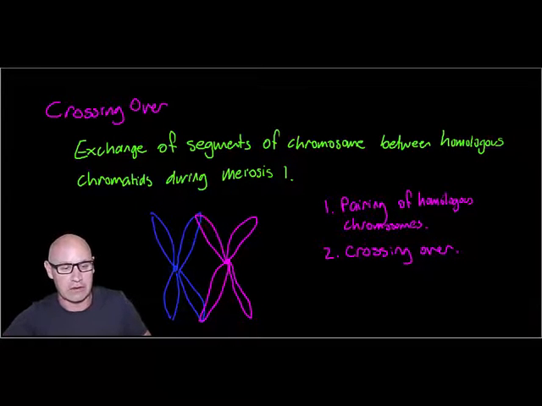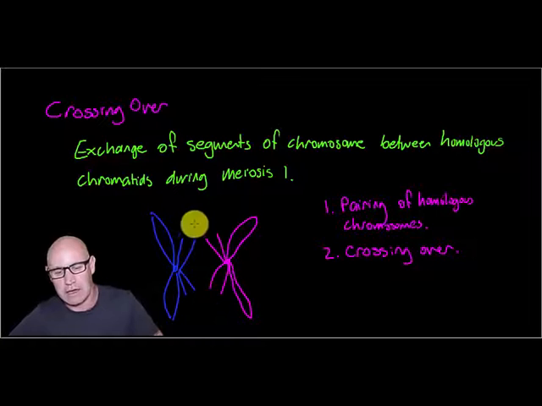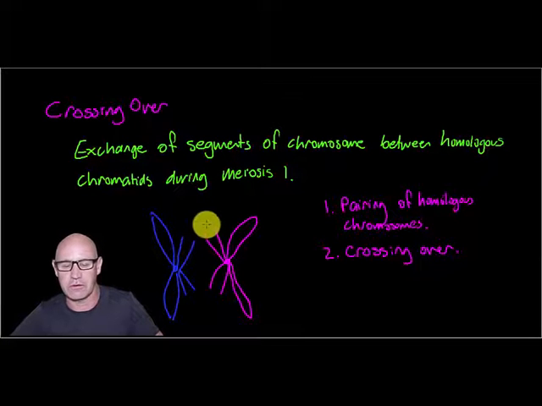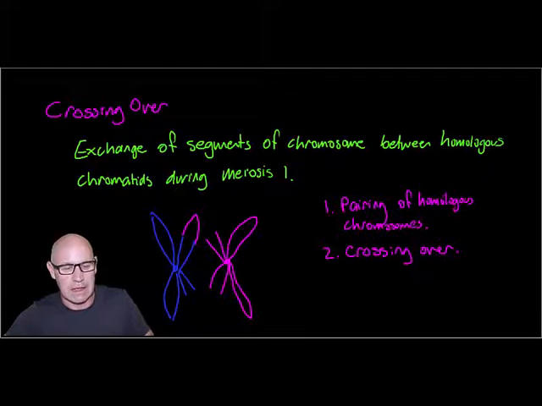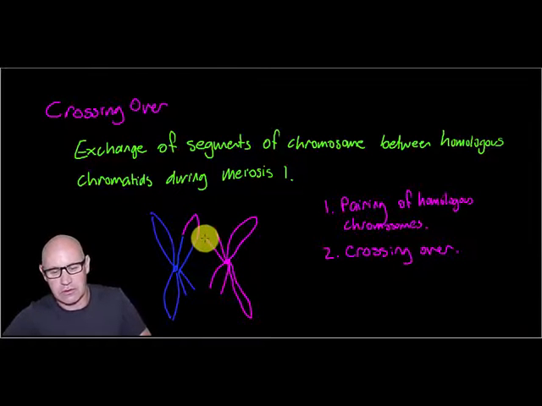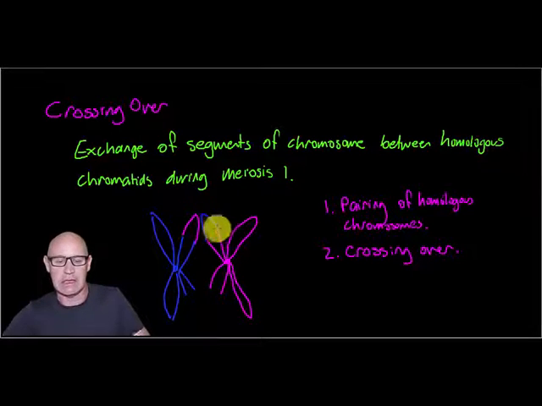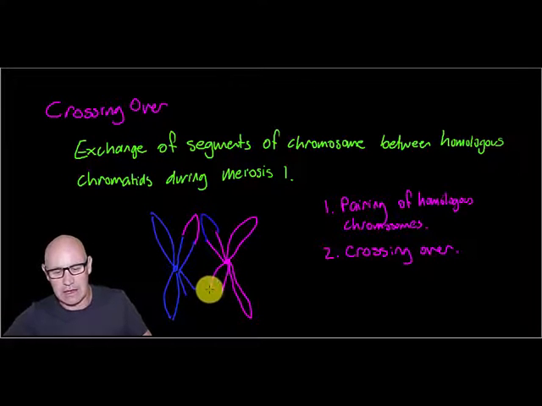So I'm going to see if I can demonstrate that. Okay, so this segment of chromosome here now attaches here, and the segment that was on the other chromatid now attaches here, and it's the same thing down the bottom as well.